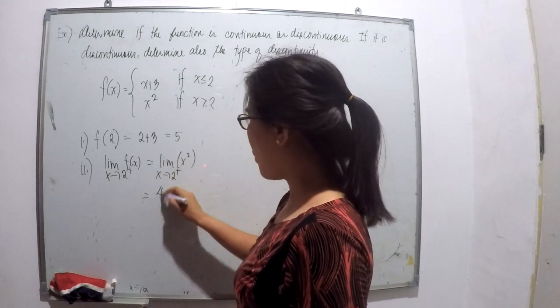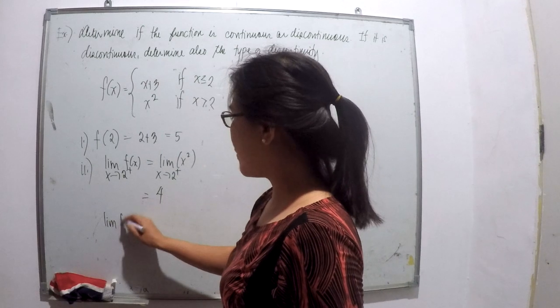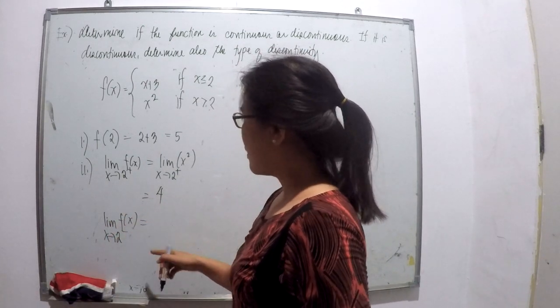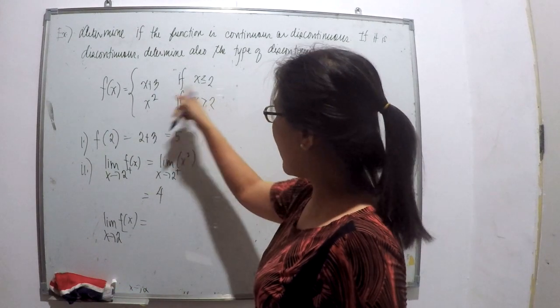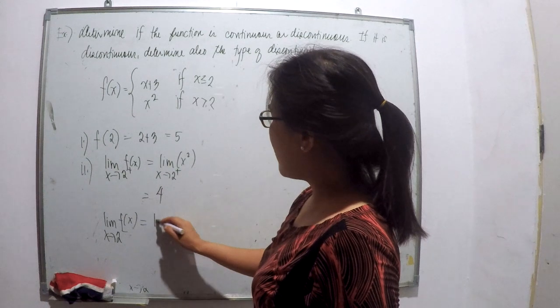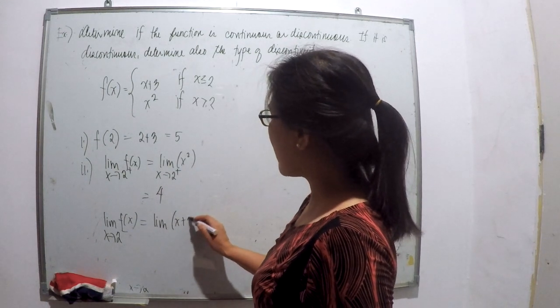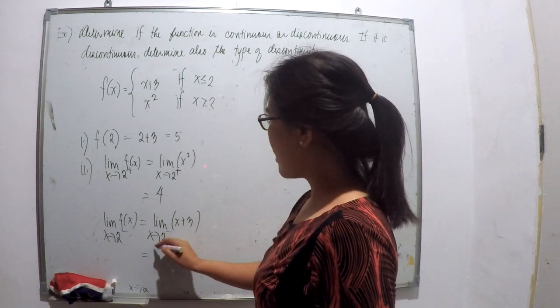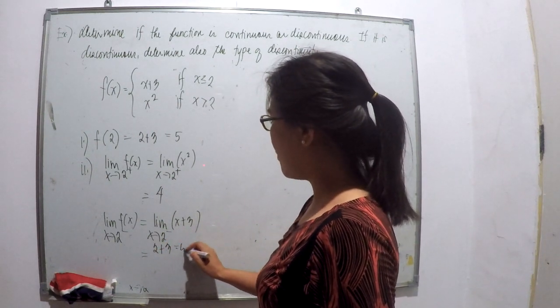So this is 4. Then the limit of f of x as x approaches 2 from the left. From the left, this one: limit of x plus 3 as x approaches 2 from the left. This is 2 plus 3 is equal to 5.